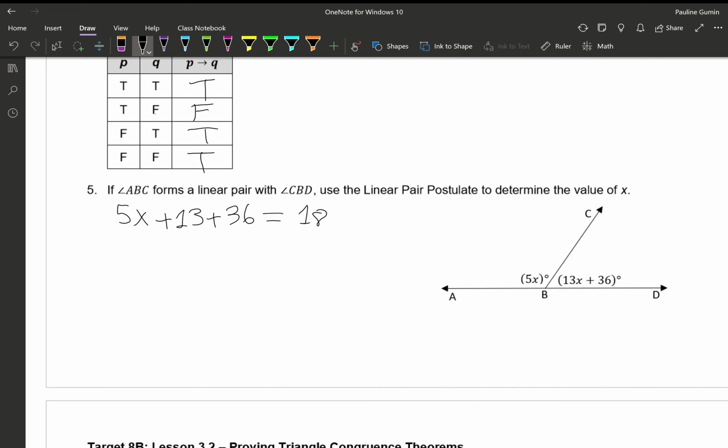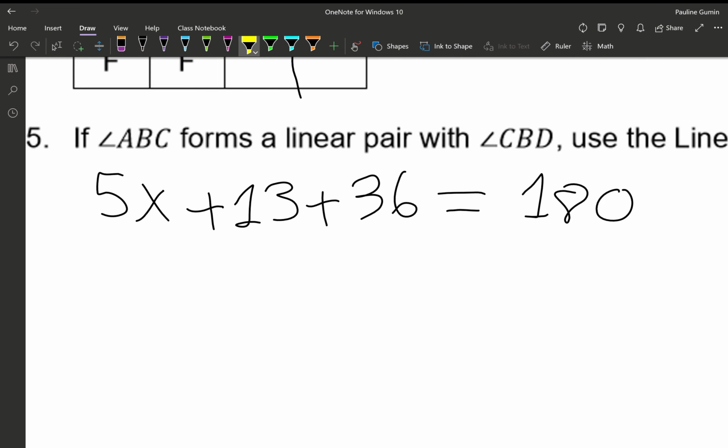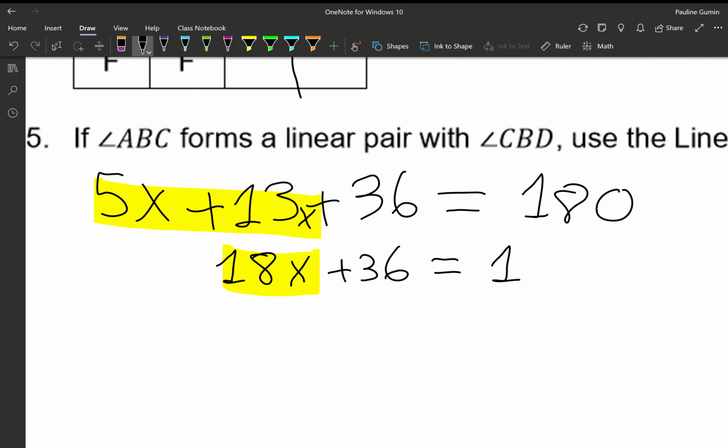Together, they equal 180, and I'm going to go ahead and zoom in on that. All right, I'm going to begin solving this by, I forgot an x right here, by adding these like terms, the x's. 5x plus 13x gives us 18x. And then we still have plus 36, we just bring that down, equals 180.